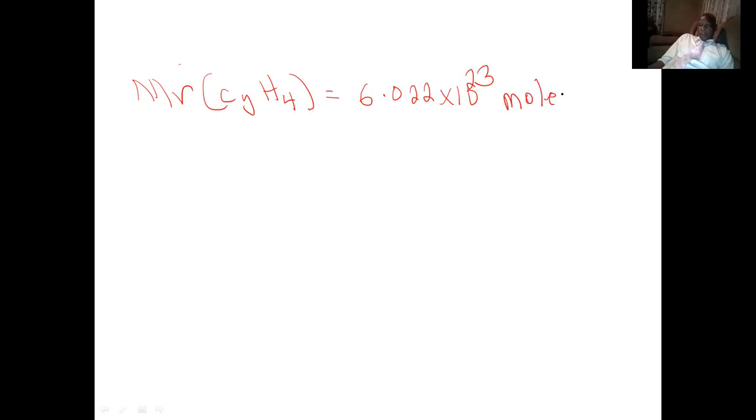And so we are aware that if you have the compound, the relative molecular mass of this compound should be equal to the Avogadro number of molecules of the hydrocarbon.